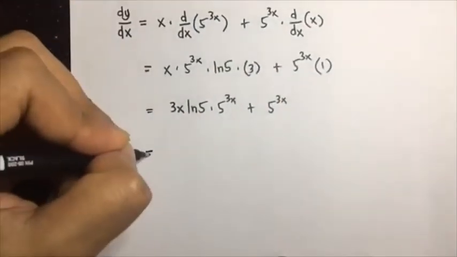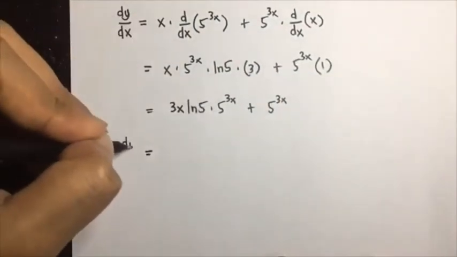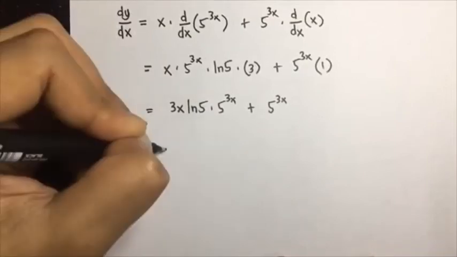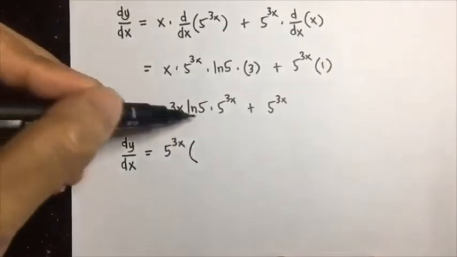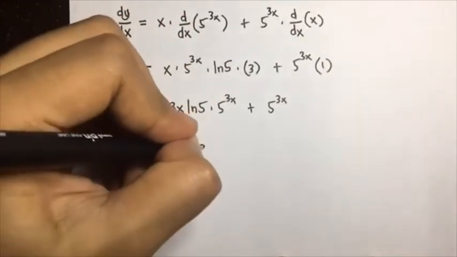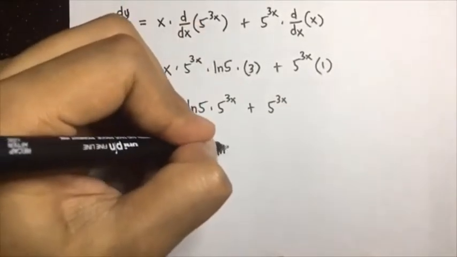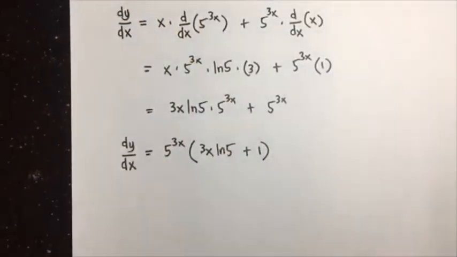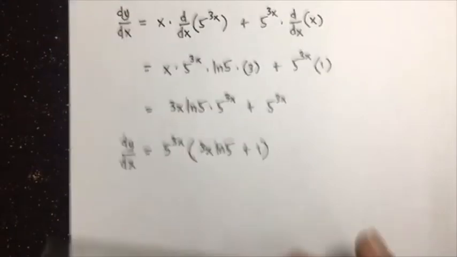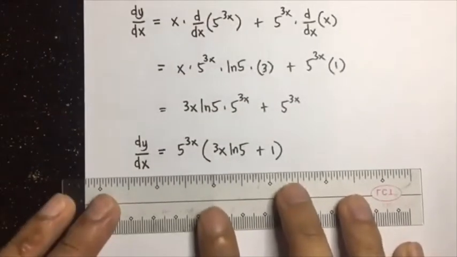We can factor out 5 raised to 3x since it's a common factor. So dy over dx is 5 raised to 3x multiplied by (3x ln of 5 plus 1). Okay, so that is now our derivative.